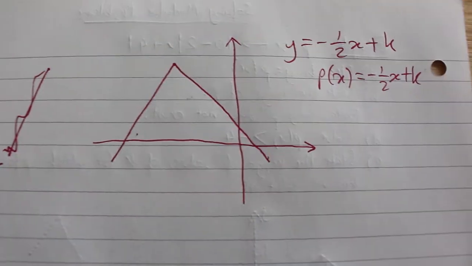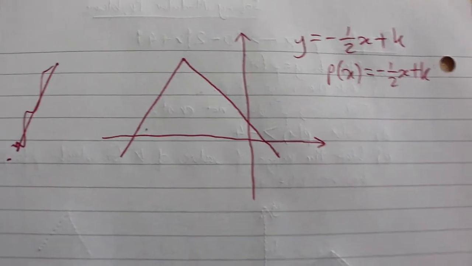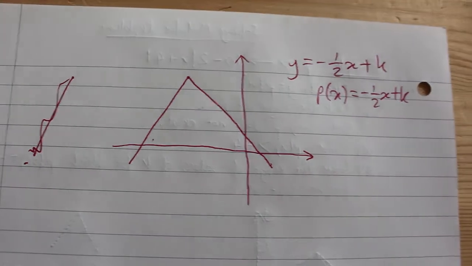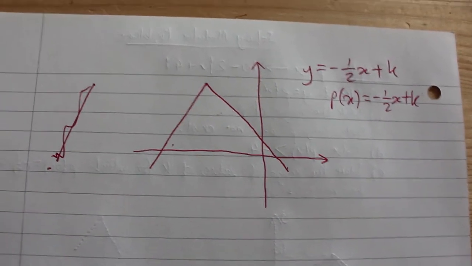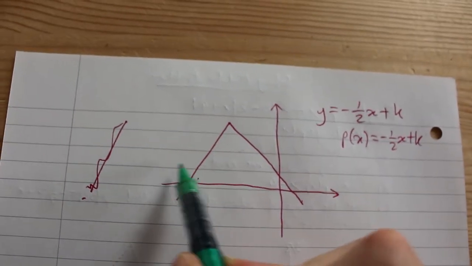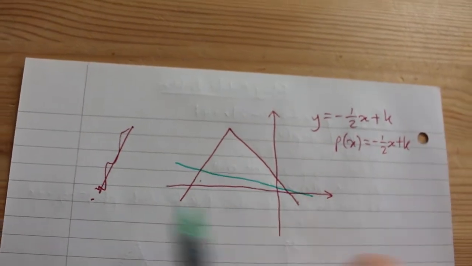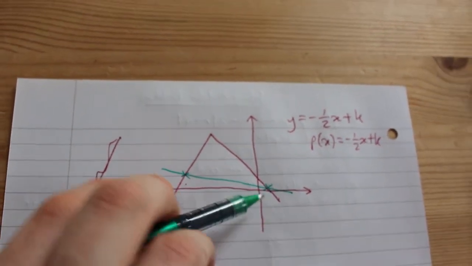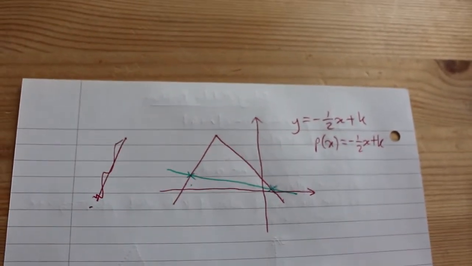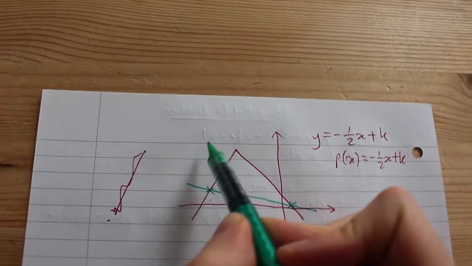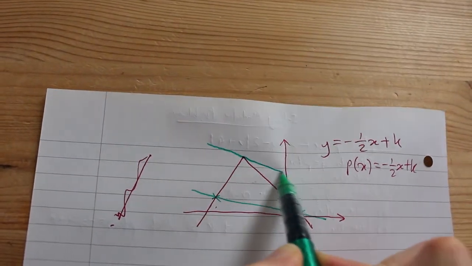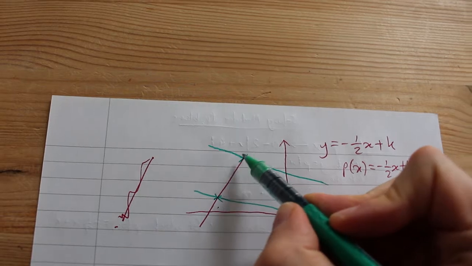So we need the two graphs not to intersect. Well, there are a couple of possibilities for how many times they could intersect, because if we had something like this, they could intersect twice. And if k is anything lower than this, they'll definitely intersect twice. If k is up here, like this, they just intersect once at this point.